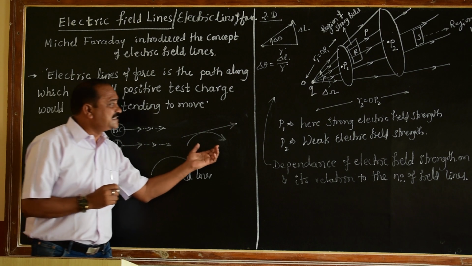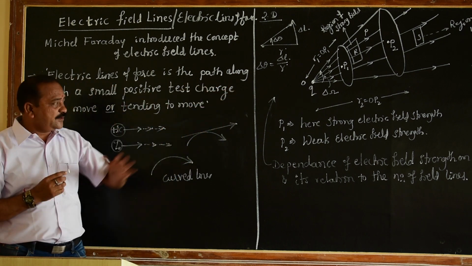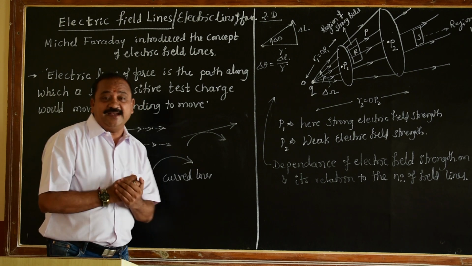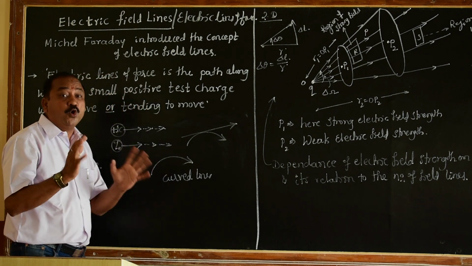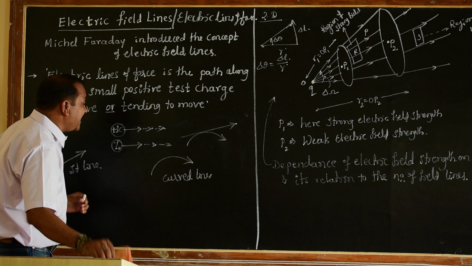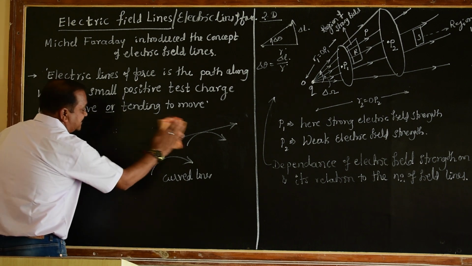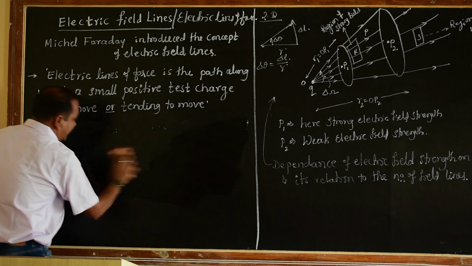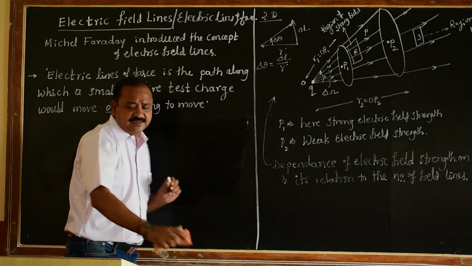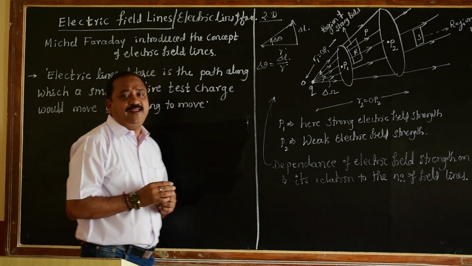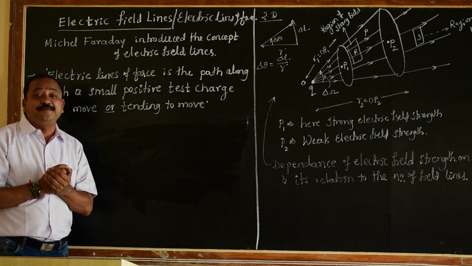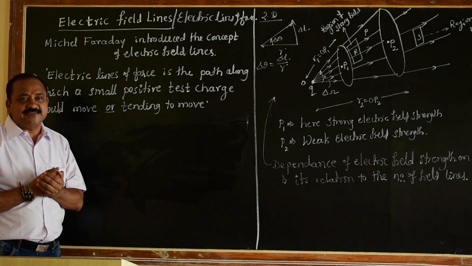But in this discussion, one of the important concepts is where the electric field lines will be more concentrated, and that is the particular concept I would like to explain here.